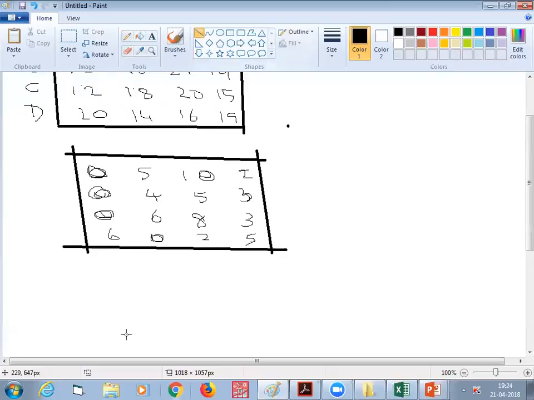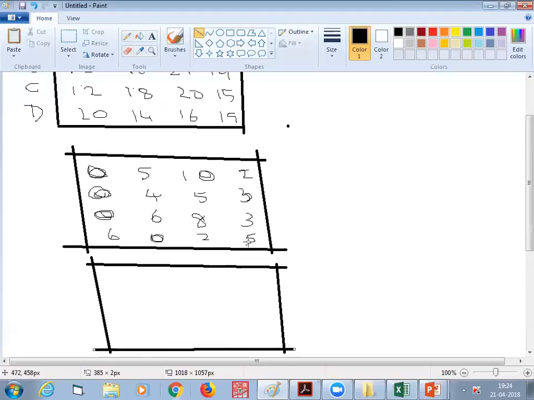Oh, again, I have to make another box. Okay, the box is simple. Now this first column is already 0, second column already has zeros. So 0, 0, 0, 6. This is 5, 4, 6, 0.